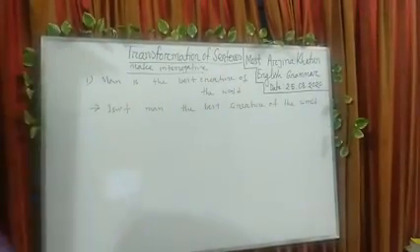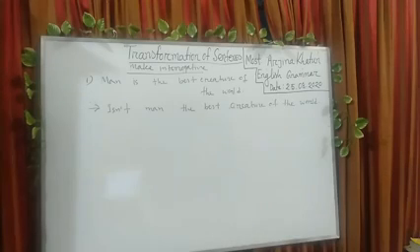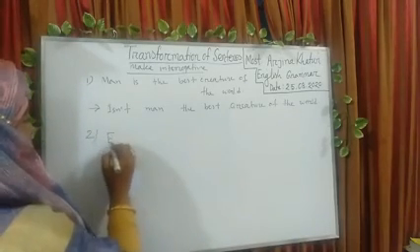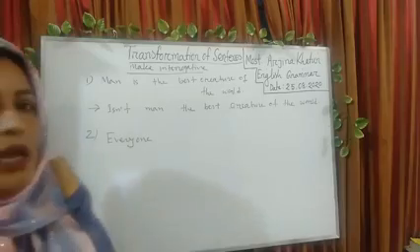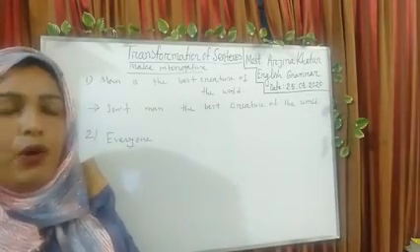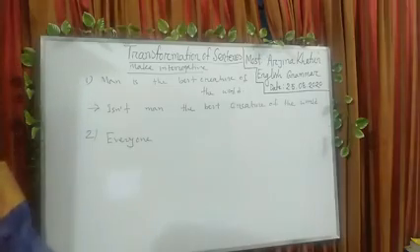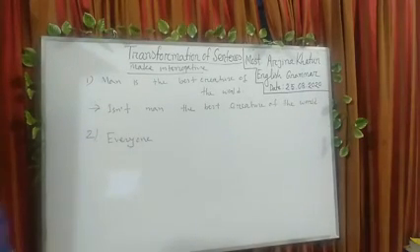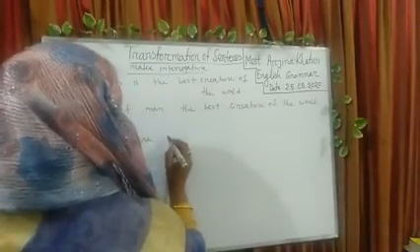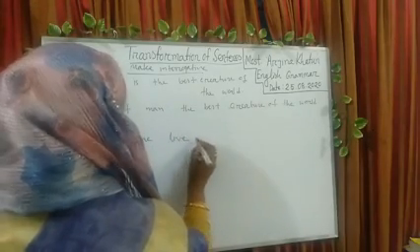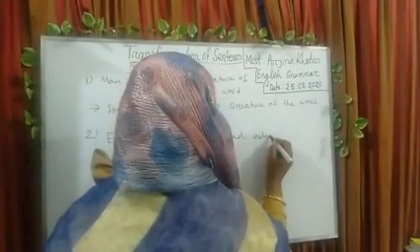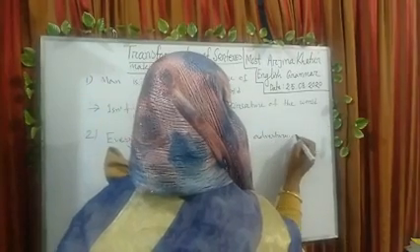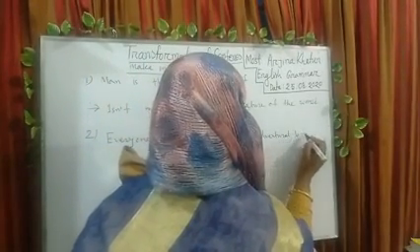My dear learners, if the sentence has everyone or everybody, that type of sentence first uses who. Everyone loves to read adventurous books.